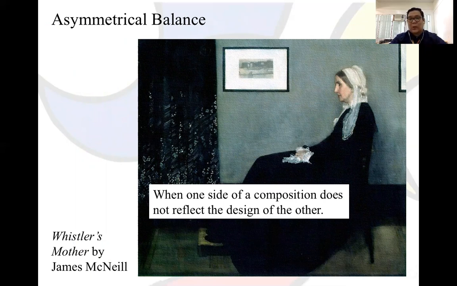Now, if you look at this one, definitely there is no balance in terms of distance of elements and also in terms of color used. If you notice, black and white, and then we also have shades of black, okay? And then we also have white, and the rest of the elements are also found in the masterpiece, but there is no balance. So that is asymmetrical balance.